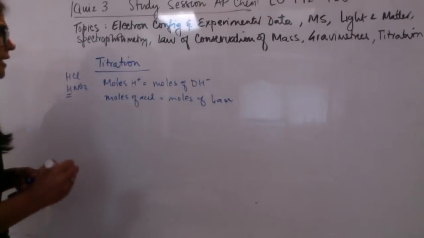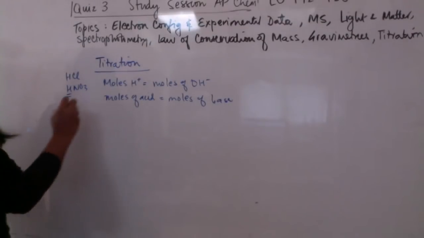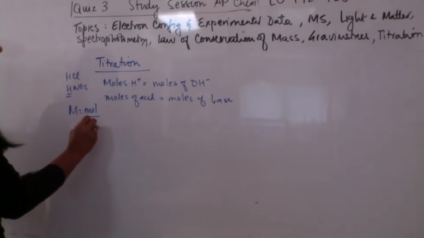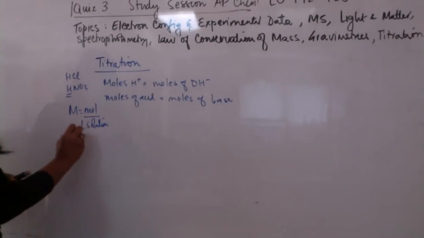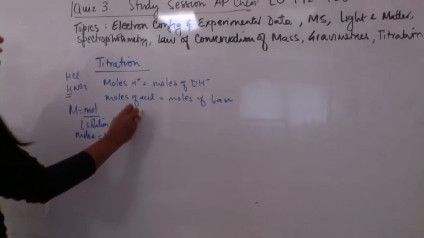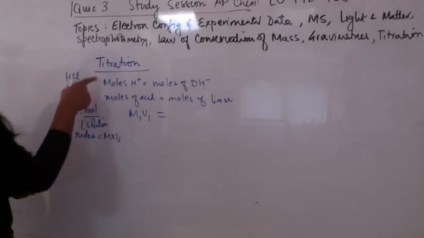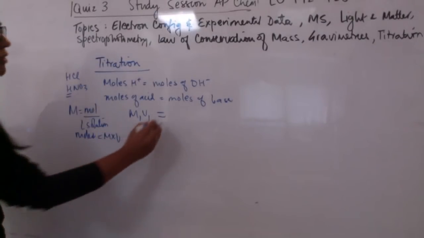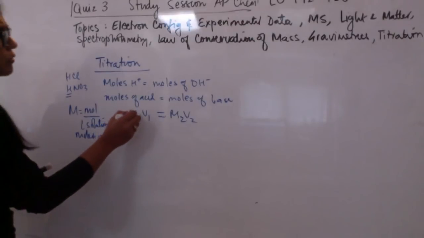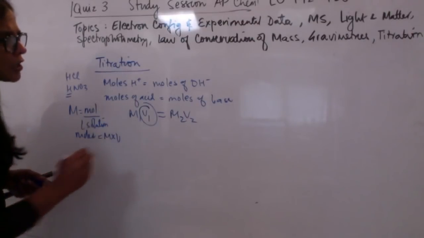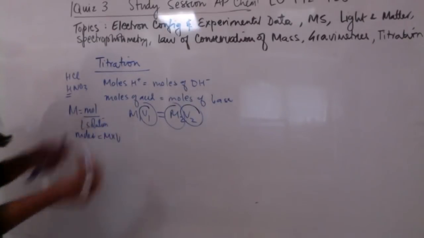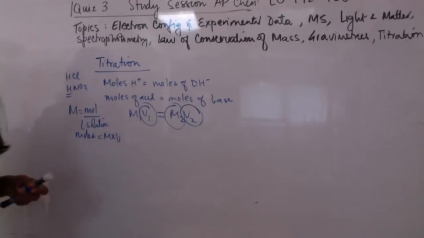And it doesn't end here, because molarity is moles per liter of solution, so moles are molarity times volume. Oftentimes you see a simplification of titration written as M1V1 = M2V2. In a titration, you will know the volume of the unknown, the molarity of the standard solution, and the volume of the standard, and then you can figure out the molarity of the unknown.